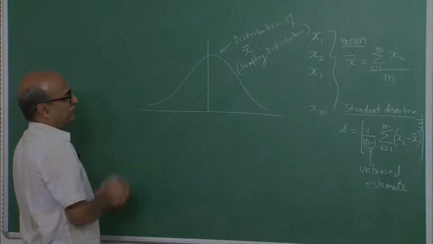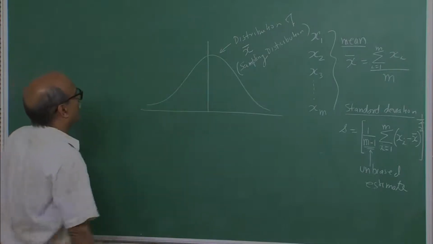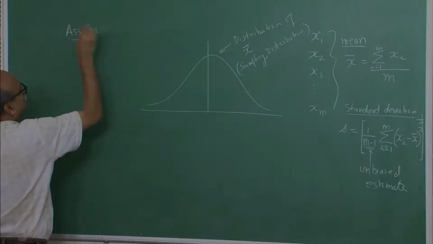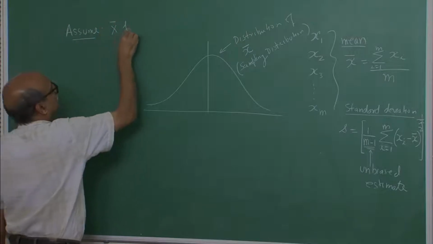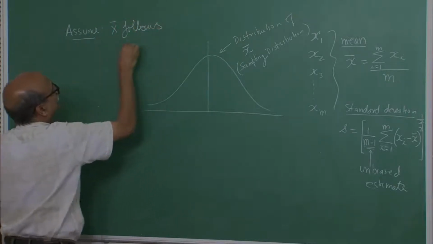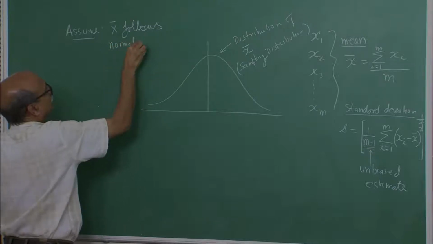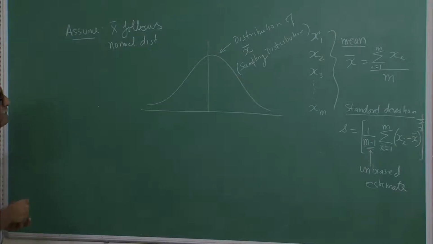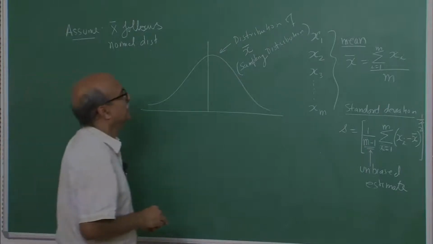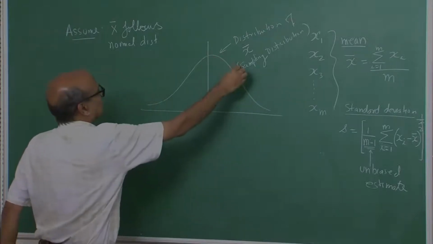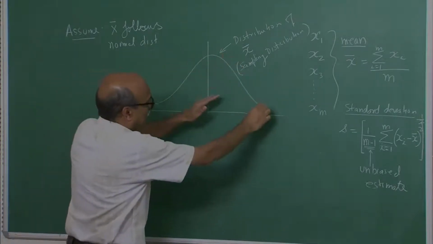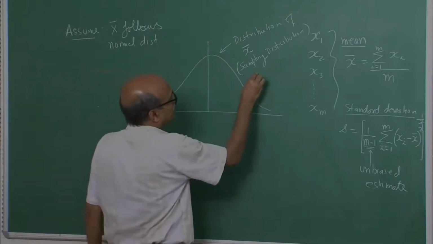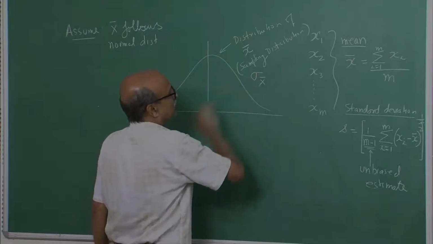Let us make an assumption here, assume that x bar follows a normal distribution, and let us say the standard deviation of this particular distribution, the sampling distribution, is denoted as sigma x bar.